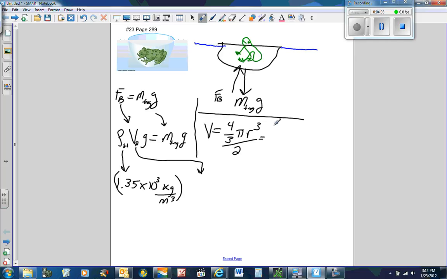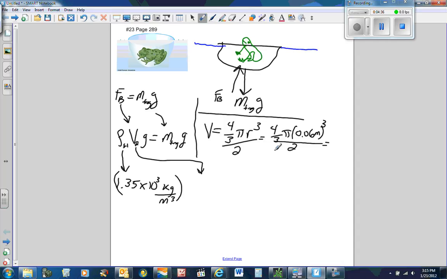Well, that's going to be 4/3 times pi times, we got to change the 6 centimeter radius to meters, so 0.06 meters. We're going to cube that number, and then we're going to divide the whole thing by 2. And that is going to give us the volume of the bowl, which is the volume of the water displaced.